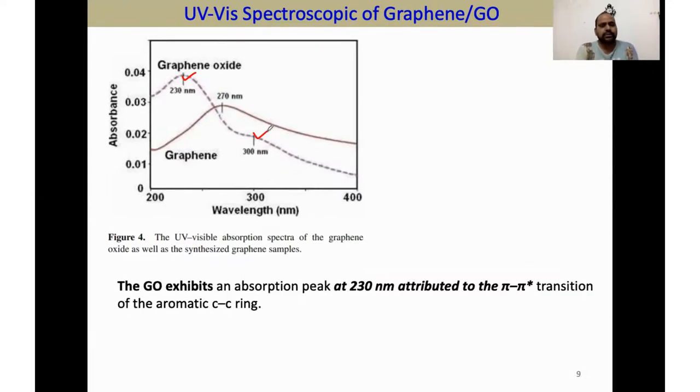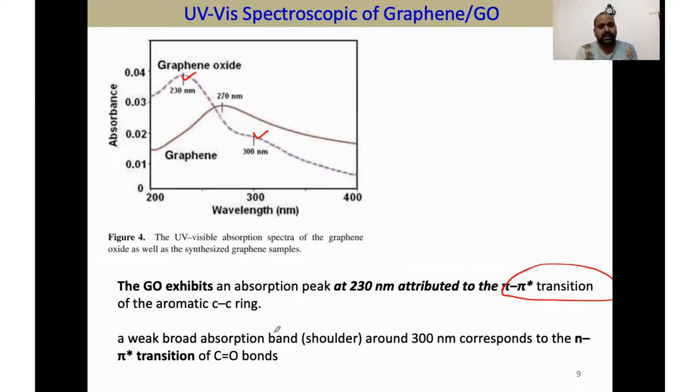The GO peak at 230 nanometer corresponds to the pi-pi transition of the aromatic C=C ring. Similarly, the peak at 300 nanometer corresponds to the n to pi transition. The n to pi transition means there is bonding of carbon with oxygen, so that kind of n to pi transition may be there, and we are observing this peak.